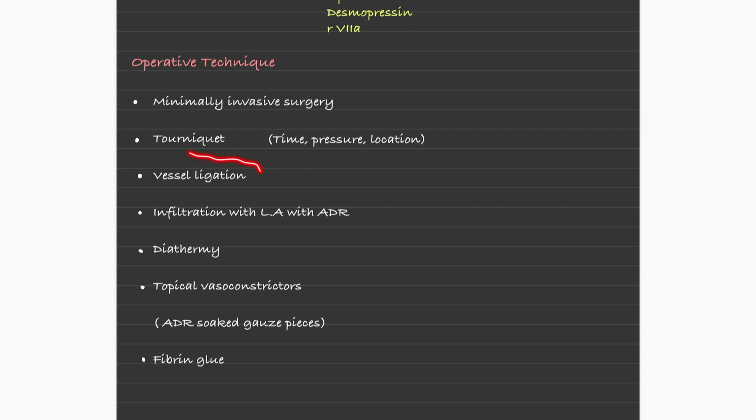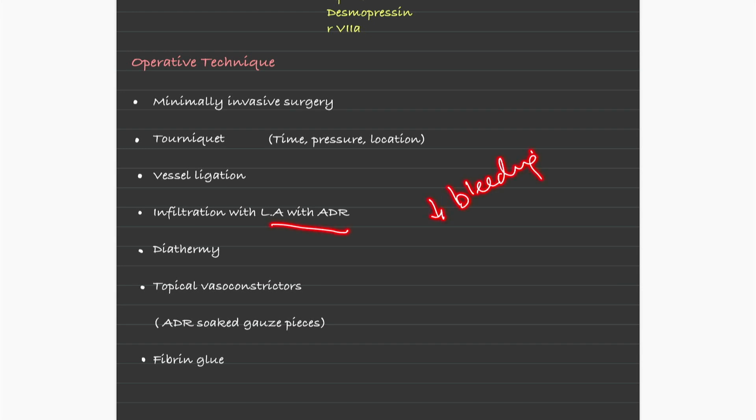Then we can consider vessel ligation. Vessel ligation is usually used in vascular tumor removal and in pneumonectomies, or in areas where vessel ligation is possible. Then infiltration with local anesthetic with ADR. Adrenaline causes local vasoconstriction. Infiltrating with local anesthetic with ADR leads to vasoconstriction and decreases bleeding.